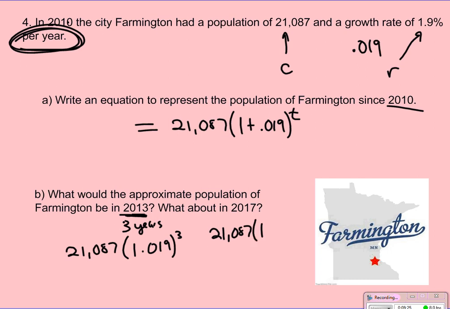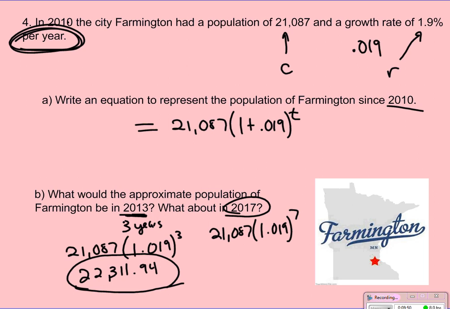This is going to be 21,087, 1.019 raised to, instead of 2017, that's just going to be 7 years. So 1.019 raised to the third times 21,087. So that's going to be 22,311.94. So you can round up.